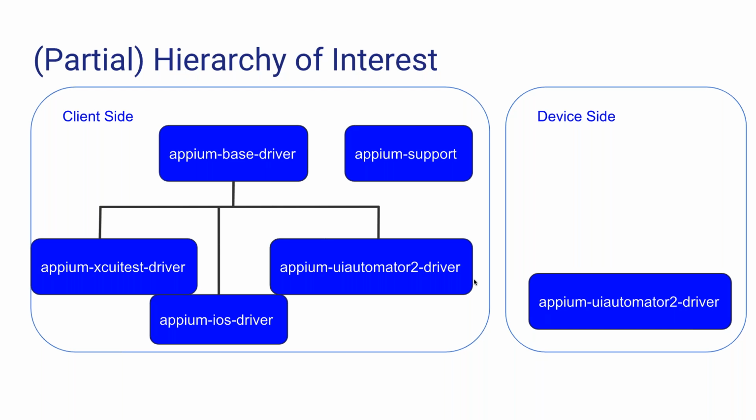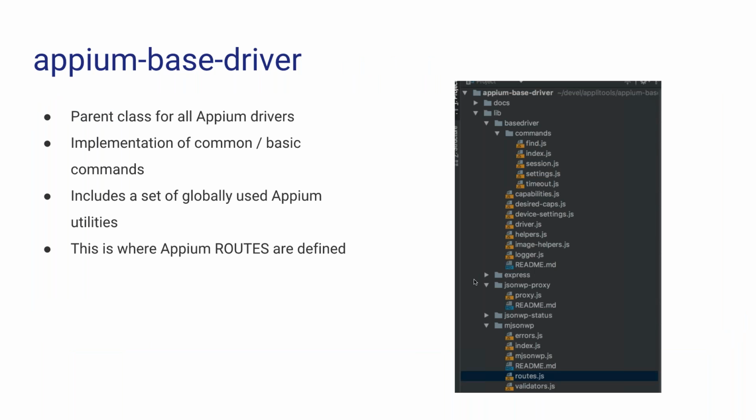All right. So Appium BaseDriver. This is probably the first thing that you want to take a look at when you start implementing a capability in Appium. Like I said, it's the parent class for all the different drivers. The main file for the base driver is the driver.js file, obviously.